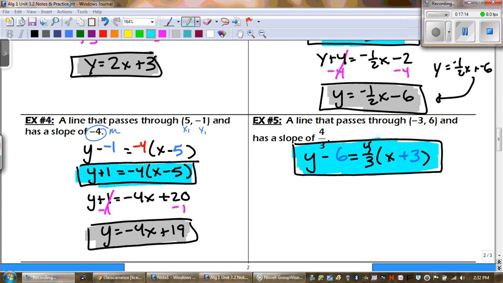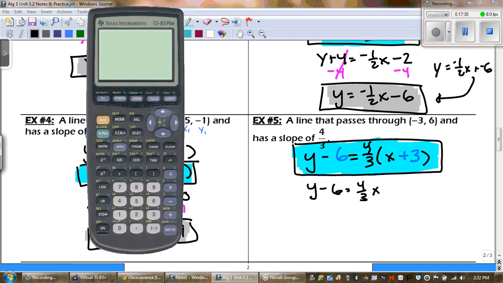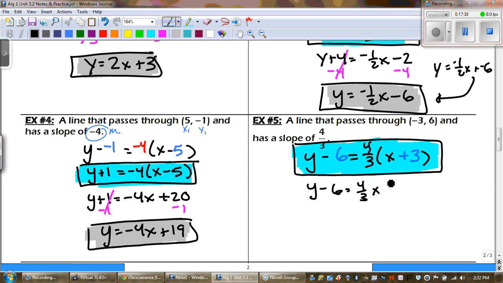Okay, that's my point slope form. Now, the next thing we have to do is distribute, so we get y minus 6 equals 4/3 x. Ooh, what's 4/3 times 3? If you don't know, take out your calculator, guys. Okay, 4 divided by 3 times 3 gives us 4.